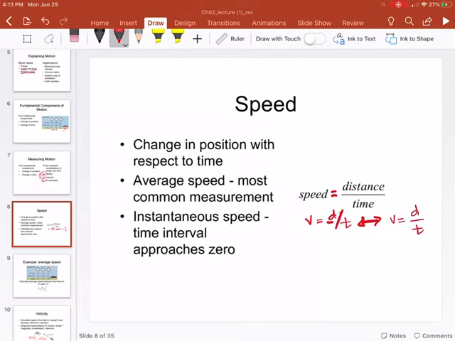If I want to get that distance all by itself, what do I have to do? I have a fraction here. So number one rule, whenever you have a fraction, you got to get rid of that denominator right there, that time. So how do you get rid of the time? How do you get it to the other side? Yeah, you got to multiply. I'm hoping that you guys were answering me right there.